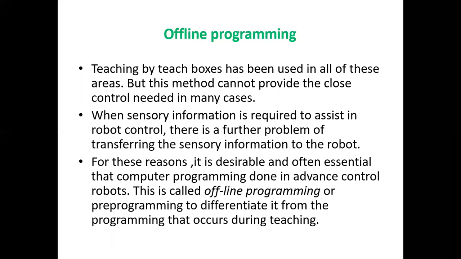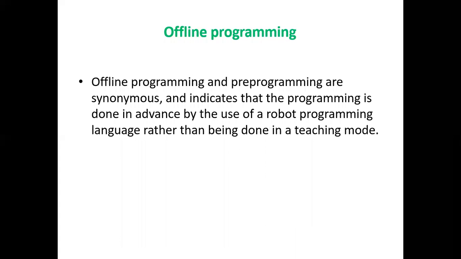This is called offline programming or pre-programming, to differentiate it from the programming that occurs during teaching. Offline programming and pre-programming are synonymous, indicating that programming is done in advance by use of a robot programming language rather than being done in teaching mode.